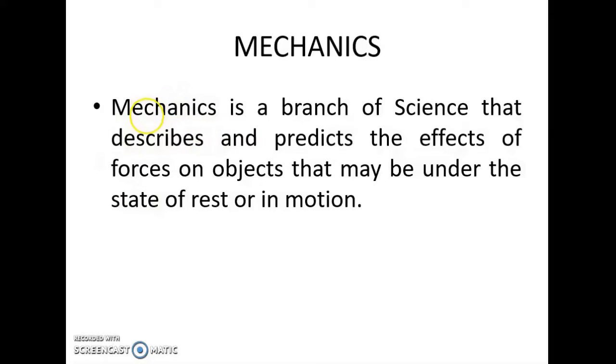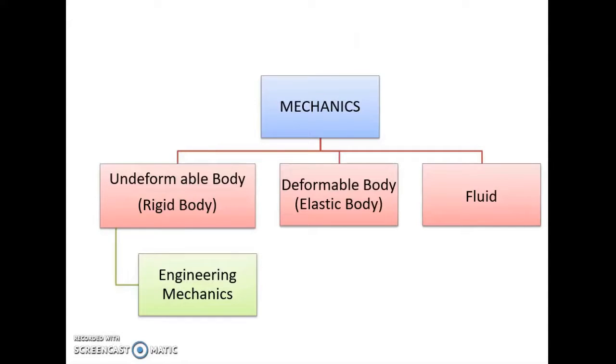When we are talking about mechanics as a branch of science, the specific branch of science here is physics. Now, mechanics can be classified further based on the type of body the forces are acting on. The forces can be acting on a rigid body or elastic body, or the force can act on fluid.